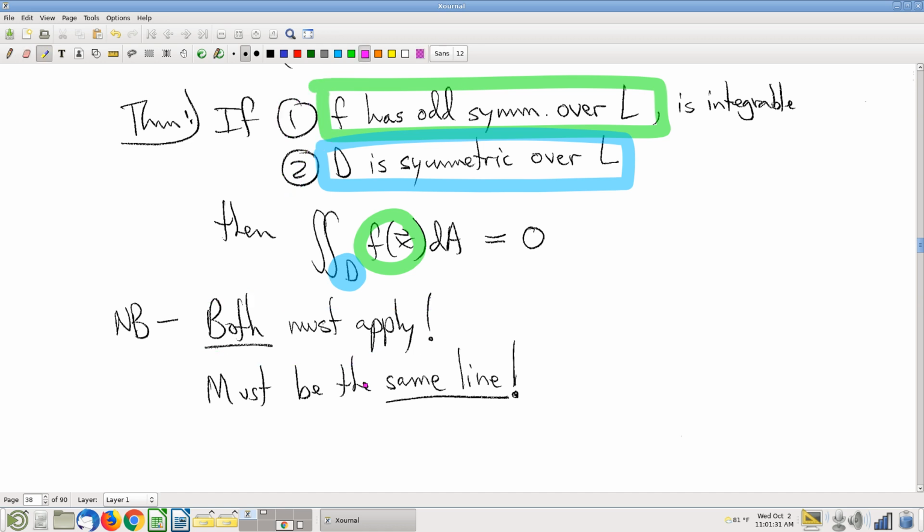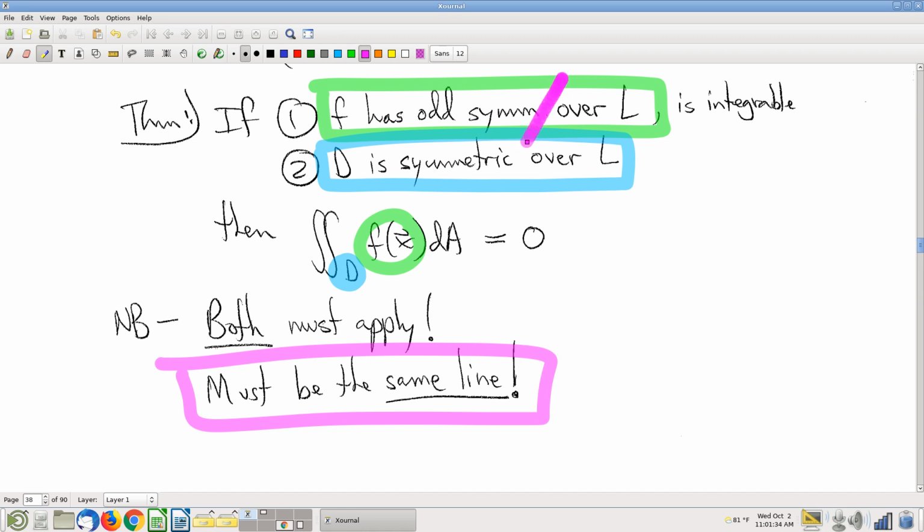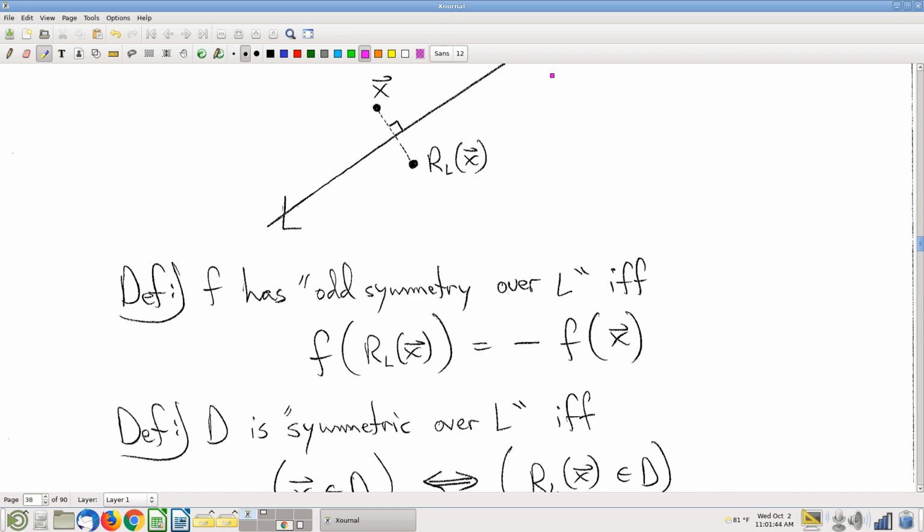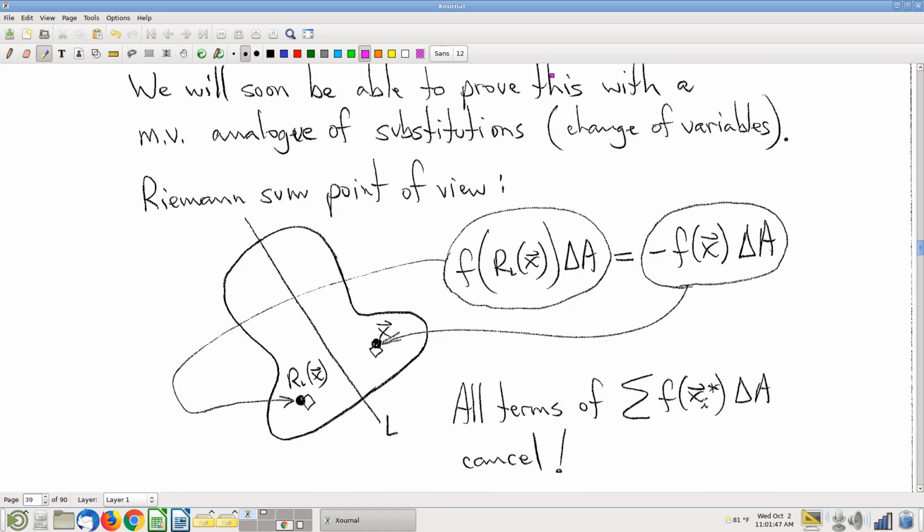Okay. Here's the other thing. It's got to be the same line. It's very important that it's the same line. It's not okay for the function to have odd symmetry over one line and the domain to be symmetric over a different line. And here's the argument, by the way, when we're looking at why this theorem would be true: if there is the line of symmetry that you're arguing, looking at these two pieces, they pair up due to how the domain is symmetric over that line.